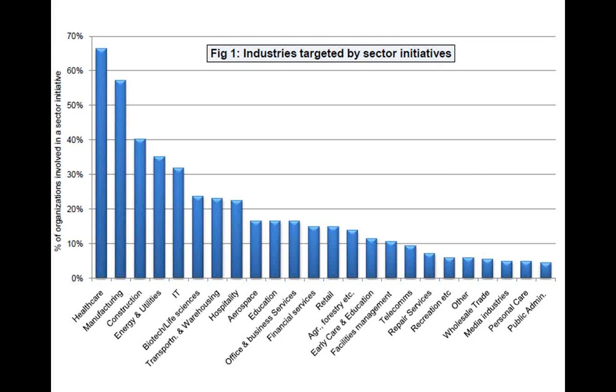We call it Sector Snapshot, and I think Jack may have referenced it earlier. One of the areas we ask people is what industries they focus on, and just as a look, you can see that there look like there may be 20 different industries here. So I think the short answer is that there is no one set of industries that are good for sector initiatives while others are not.